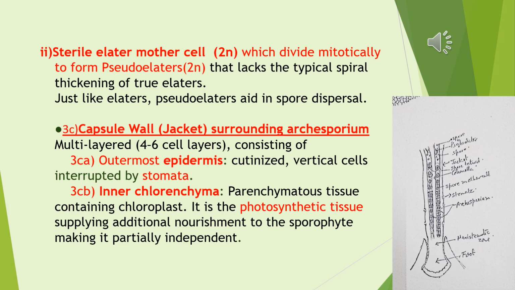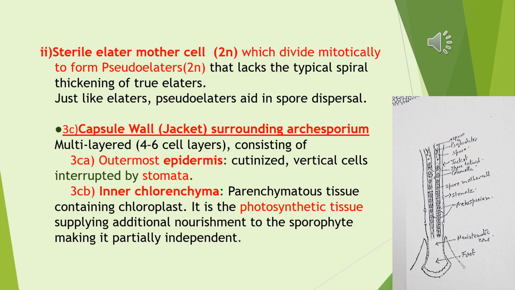Now the next layer, that is the capsule wall or jacket. Surrounding the archesporium is the capsule wall or jacket. It is multi-layered, having 4 to 6 layers, consisting of the outermost layer, the epidermis. Epidermis is cutinized, with vertical cells, and interrupted by stomata.